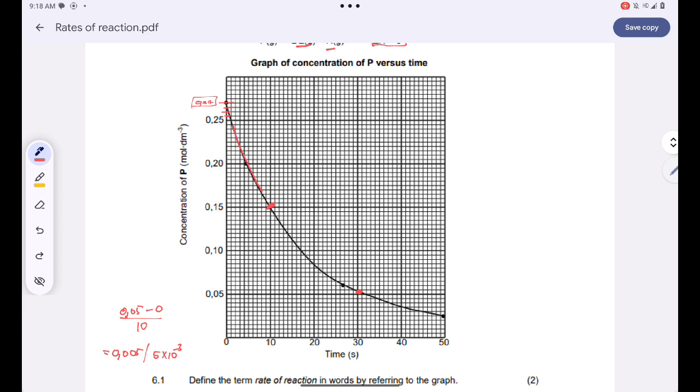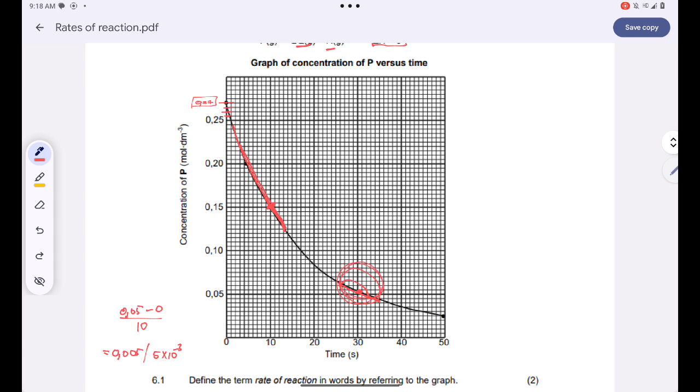Over here, our graph is steeper, which simply means that around 10 seconds, the rate of decomposition of gas P is higher. Are you together? But over there, guys, the decomposition of P is slightly reaching completion. Are you together? So we will have fewer effective collisions happening around that place.